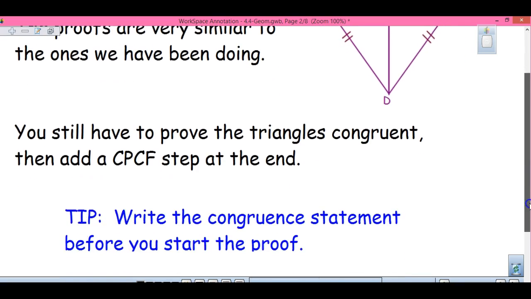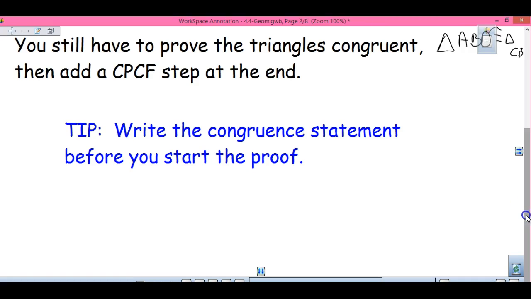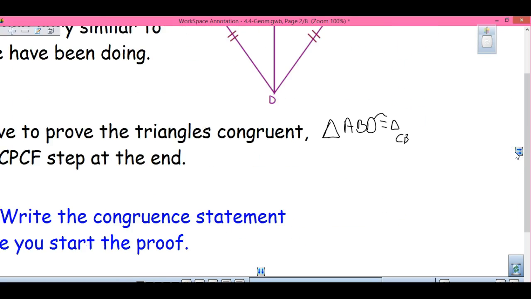Okay, so first of all, what two triangles are congruent? Here, we've got triangle ABD is congruent to triangle CBD.